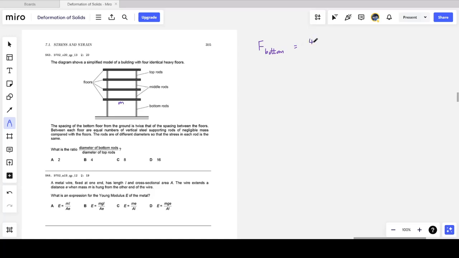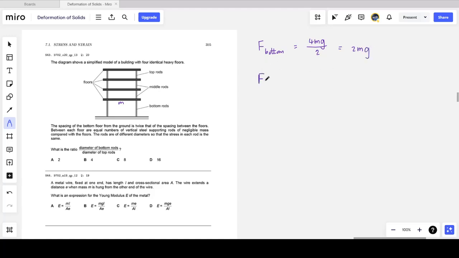So the total force is 4 mg. But I'm going to assume that I have 2 of these rods, so the total force is divided between these 2 rods. Each rod is going to support half of the weight of the floors above them. So 4 mg over 2 is 2 mg.